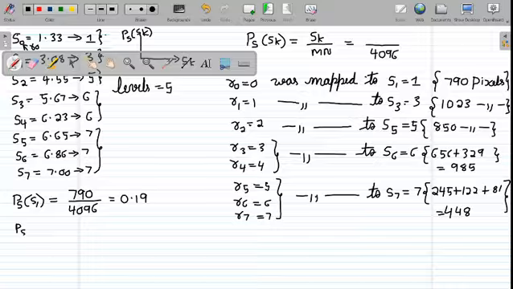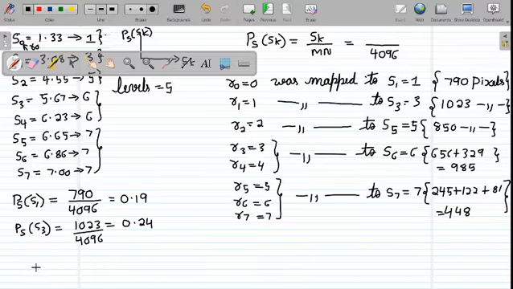Next, PS of S3. So that is 1023 divided by 4096. So that will be 0.24.